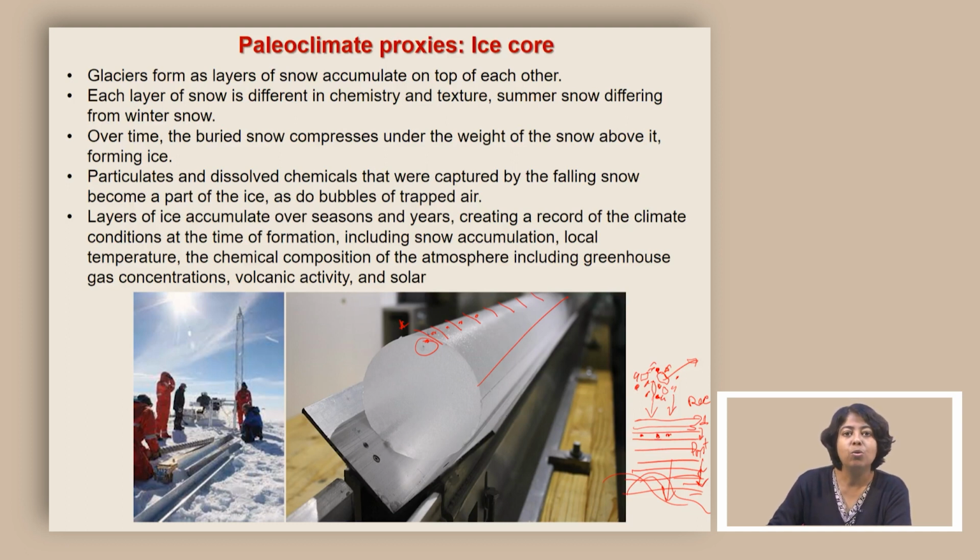So, these ice cores can tell us a lot of information, such as the time of formation, including snow accumulation, local temperature, the chemical composition of the atmosphere, including greenhouse gas concentration, volcanic activity, and some of the solar wind activity.